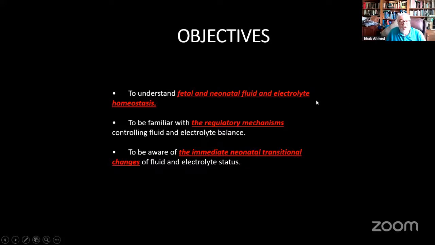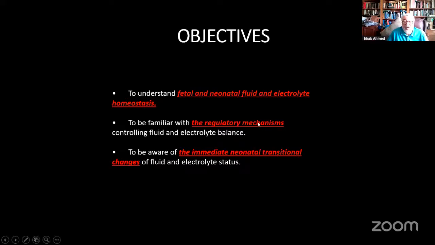What are the objectives of this talk? We have to understand fetal and neonatal fluid and electrolyte homeostasis. And we know now why fetal homeostasis is important, and also neonatal, whether term or preterm. And then what are the regulatory mechanisms?